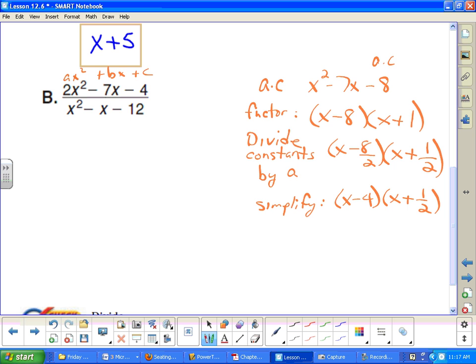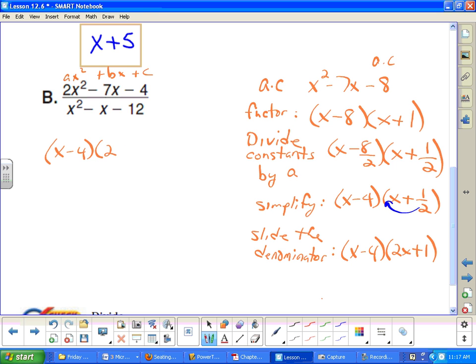All right, and then we slide the denominators. So we're going to take the 2 here and we're going to move it in front of the x. So we get x minus 4 and 2x plus 1. And that's our factorization then. So in the numerator, we have x minus 4 times 2x plus 1.